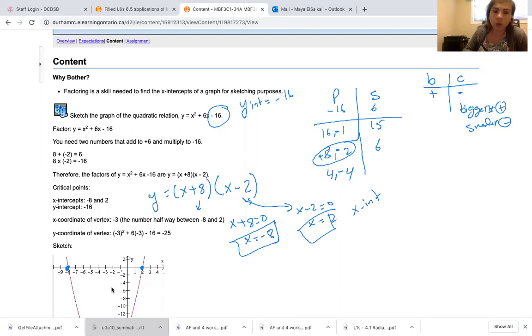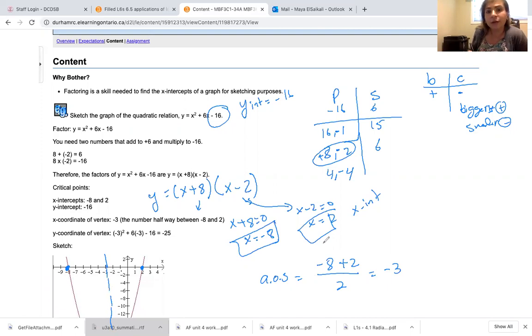So I add my 2 zeros and divide by 2. Negative 6 divided by 2 is negative 3. So my axis of symmetry is at negative 3.